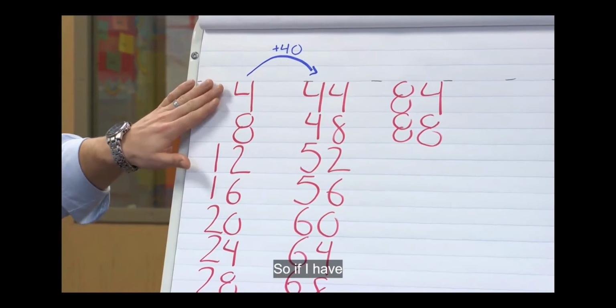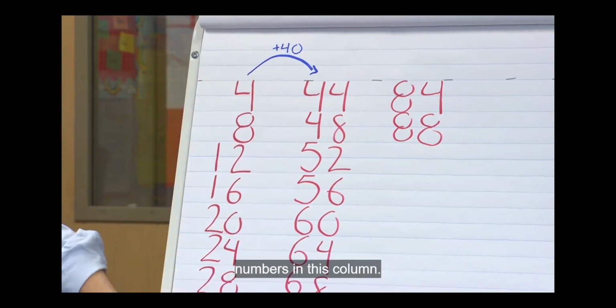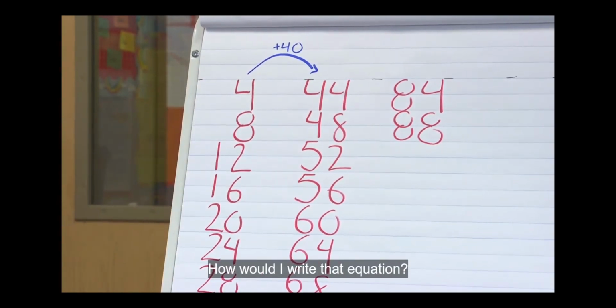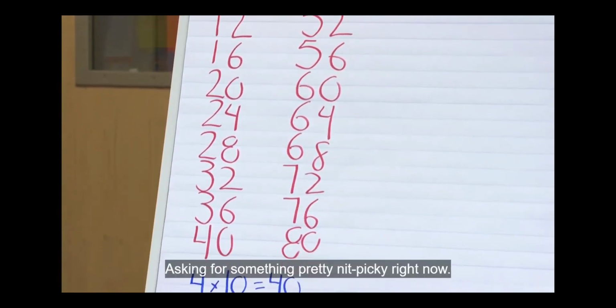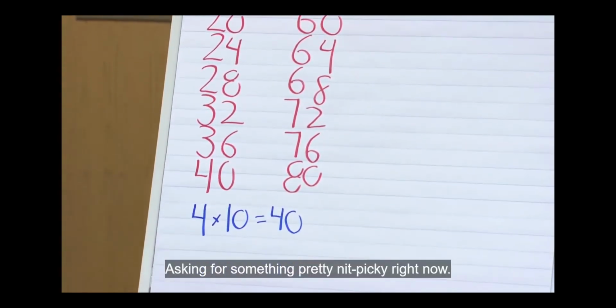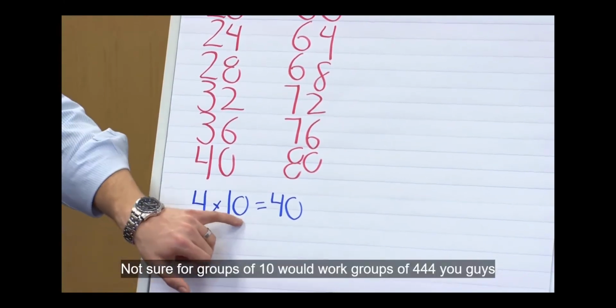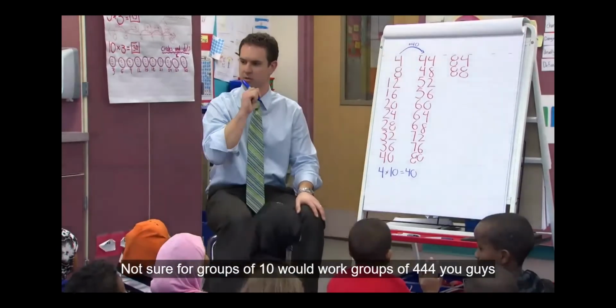So if I have 10 numbers in this column, how would I write that equation? I'm asking for something pretty nitpicky right now. I'm not sure 4 groups of 10 would work for this. Elias, what should that one be? 10 groups of 4.